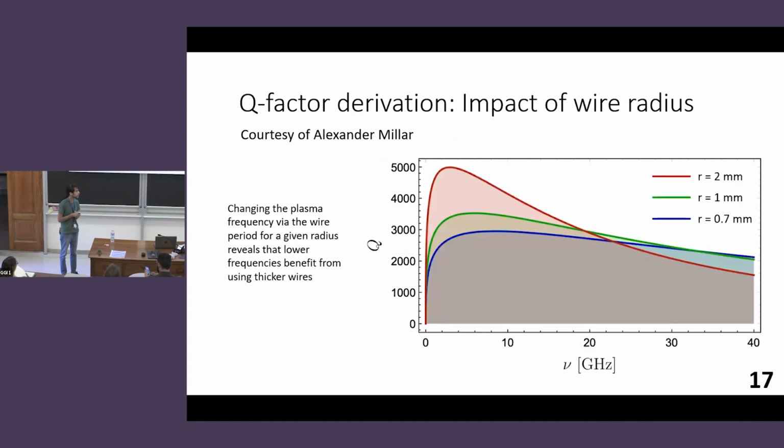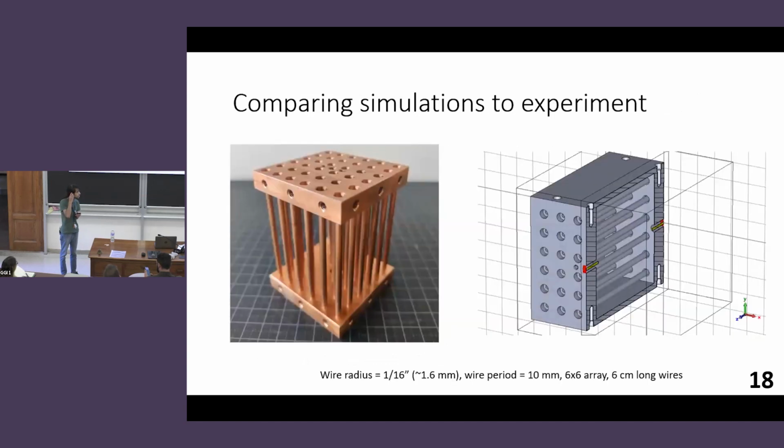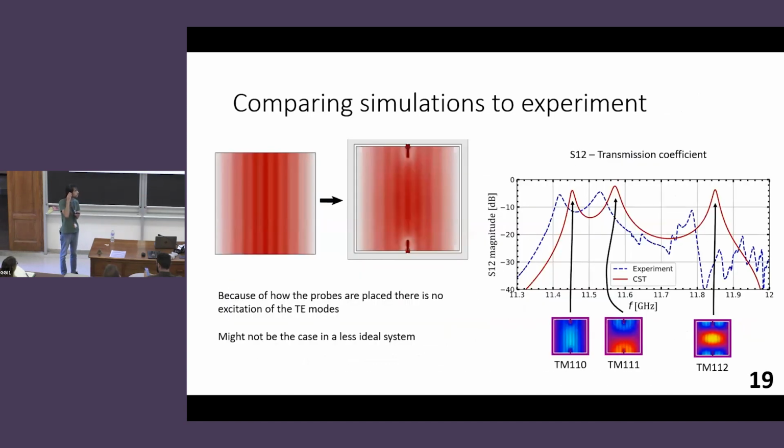So if I go a couple of slides further, just skipping over that because this might be useful to mention now. You can see that the distribution of the field in the cavity is the same in the direction of the wires.